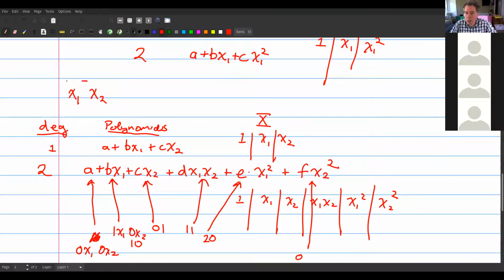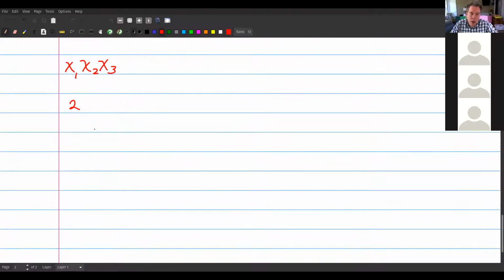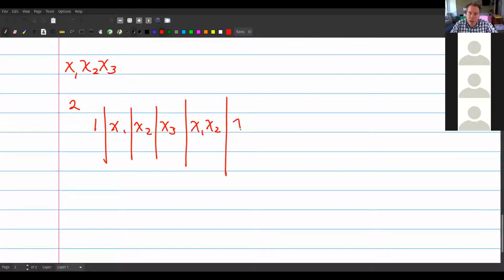And this is just with 2 variables. If there were 3 variables, x1, x2, x3, and you go to degree 2, then there's going to be all kinds of crazy stuff. You're going to have a column for the bias and for each one individually. And then for all products of 2 of them, x1 x2, x1 x3, x2 x3.